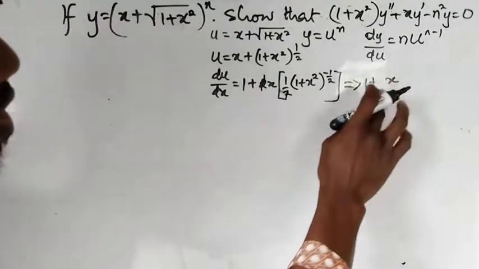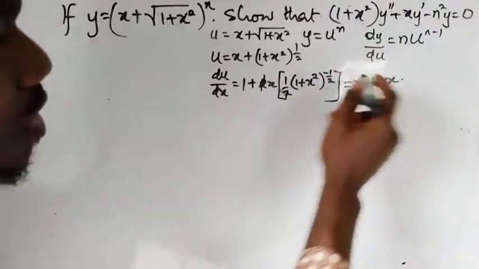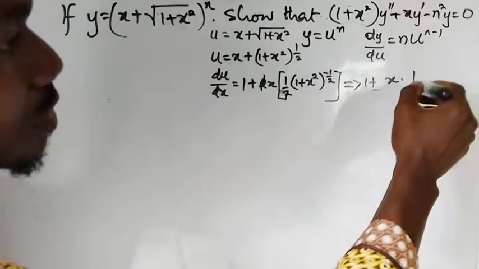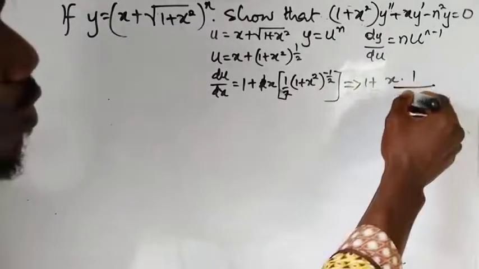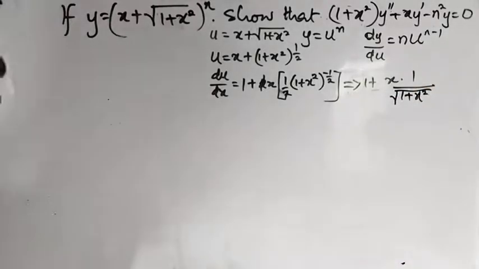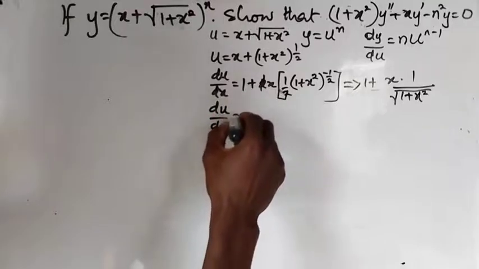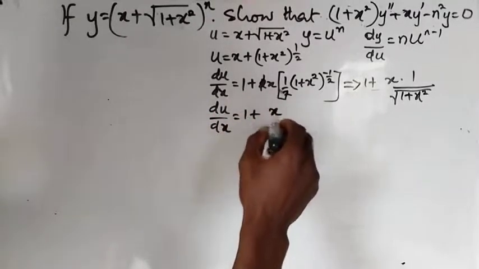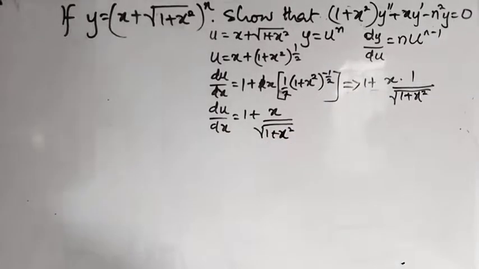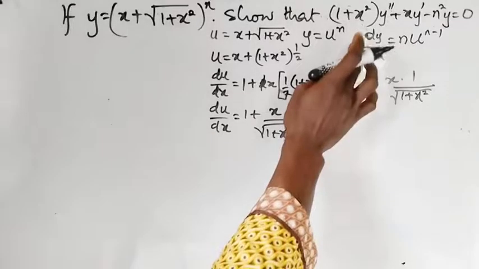Let me just simplify it further: this times this, 1/2 with the minus 1/2 means 1 over the square root of 1 plus x². So overall, du/dx will give us (1 + x) over the square root of 1 plus x². We've gotten du/dx, and here is dy/du.